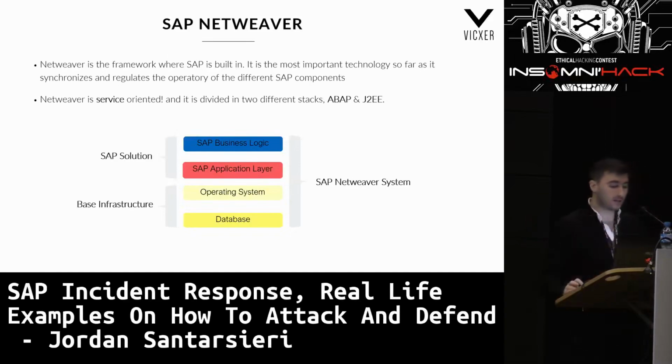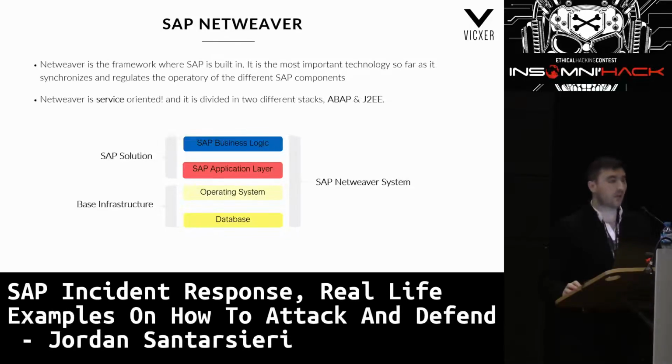So if you take a look at the image that I have here, this again is a very brief introduction of what an SAP system looks like. Every single SAP will have one and only one database. Every SAP system will need an operating system to work. And here in the middle, almost in the middle, is the SAP NetWeaver, or you might hear it in documentation as the SAP application layer.